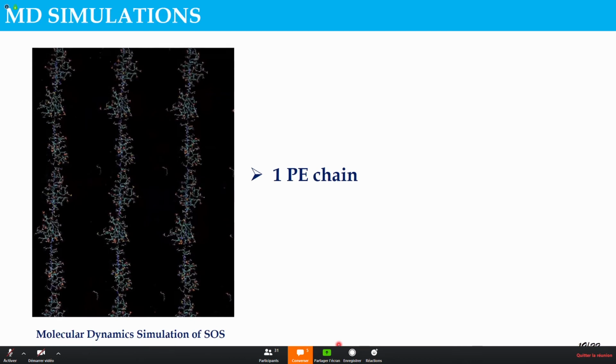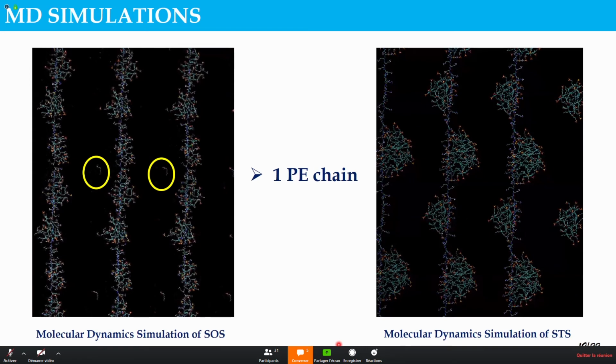The first thing that we can see is that when we work with SOS, we have these free molecules that are not attached to the chain. But to better understand the organization of SOS along the polyelectrolyte chain, we need to compare this with STS. So now we have the situation with STS. Also here, we should have a video that should work, okay?